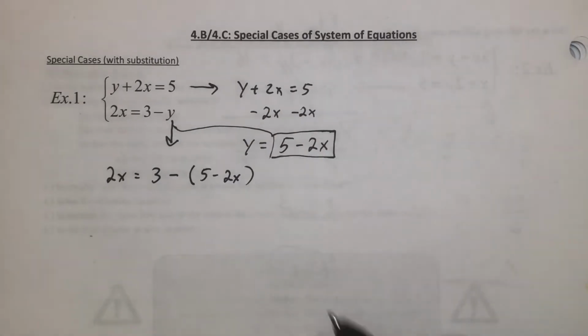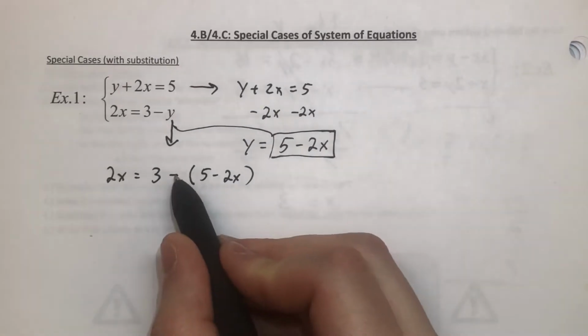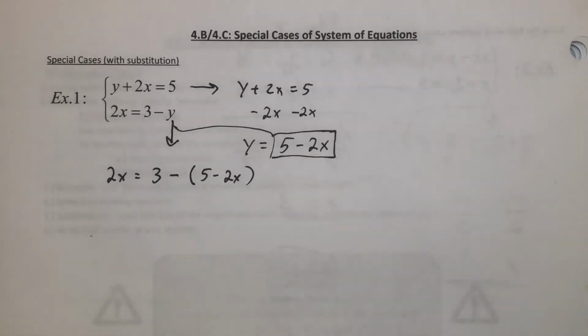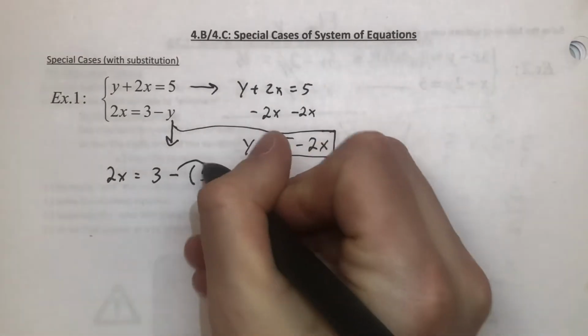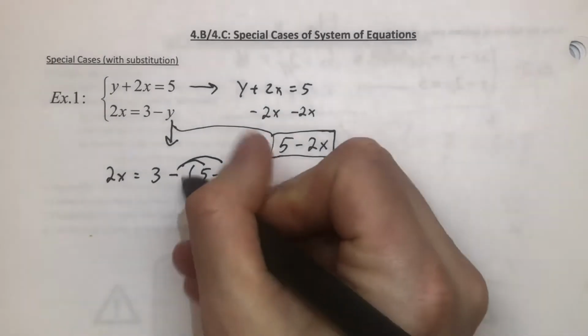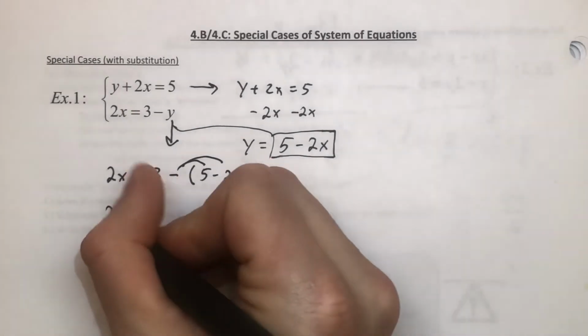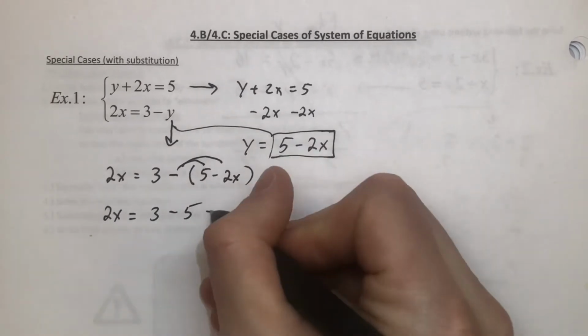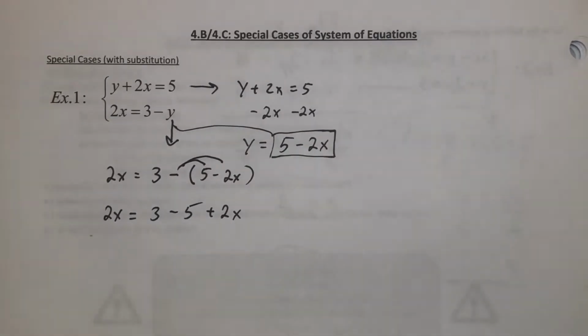The reason that's very important here is we're subtracting y, so we have to subtract the entire set of terms. We need to distribute that minus sign, almost like it was a -1 through both those terms to clear those parentheses, giving us a minus 5 and a plus 2x.